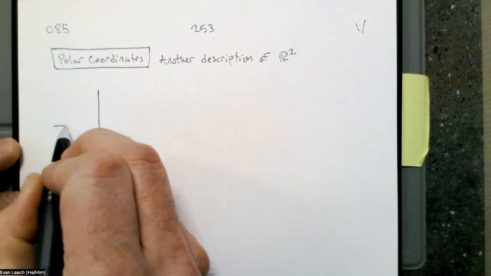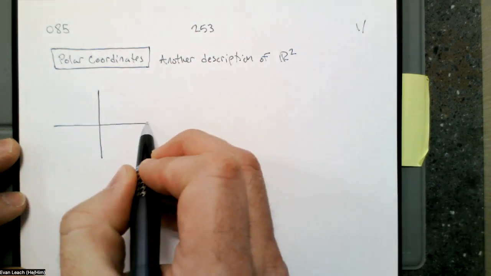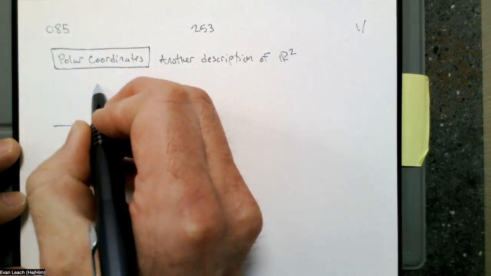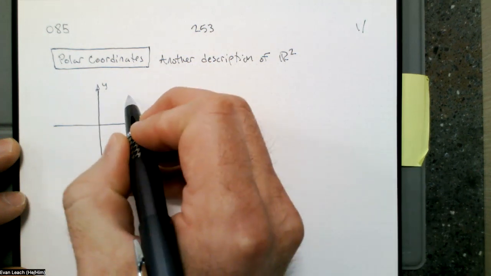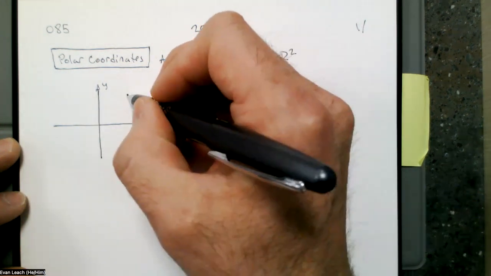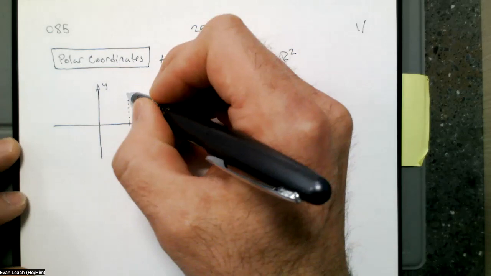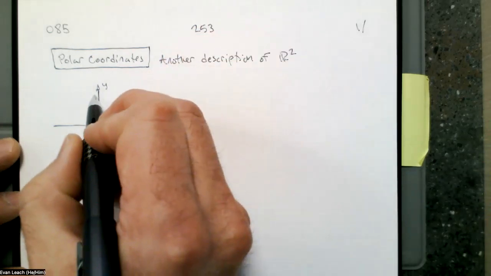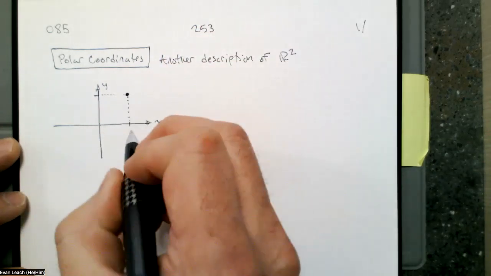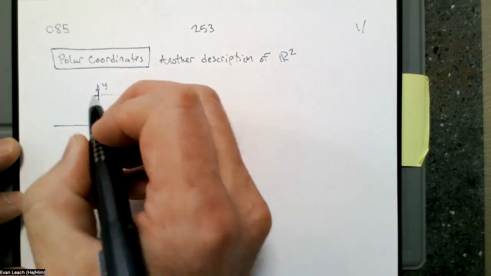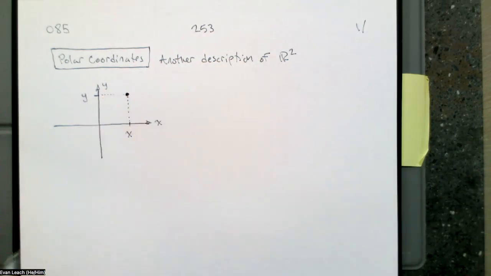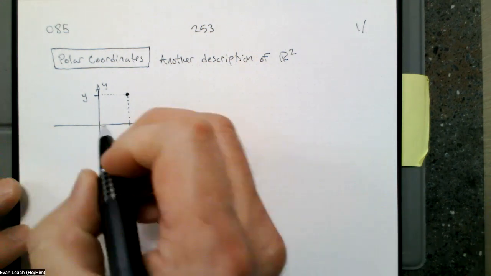and our standard representation is x-axis, y-axis, and points in this space have an x-coordinate and a y-coordinate. So we say that that point is x units away from the origin horizontally and y units away from the origin vertically.